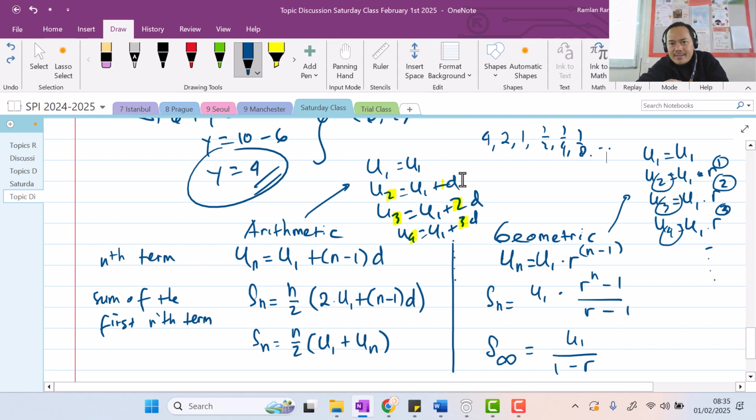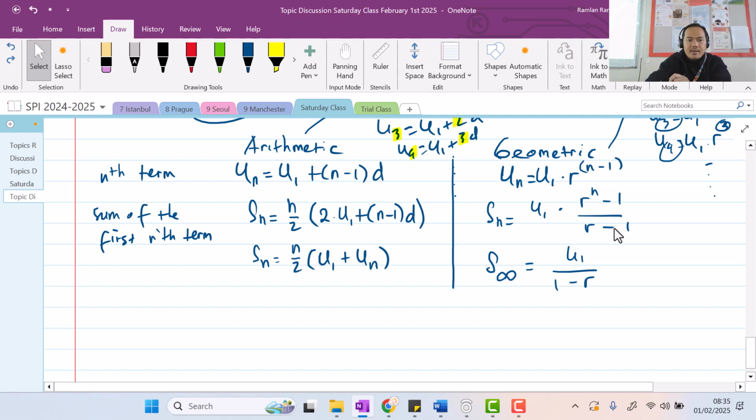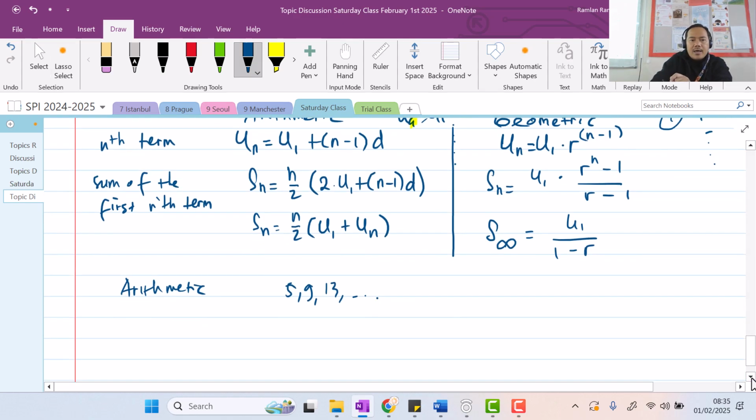Okay, I'm going to give you one example. Let's say I have an arithmetic sequence. It's like this. Let's start with 5, then 9, and then 13, and so on. Okay, now let's find the first term, the common difference, and U101, and then S101.